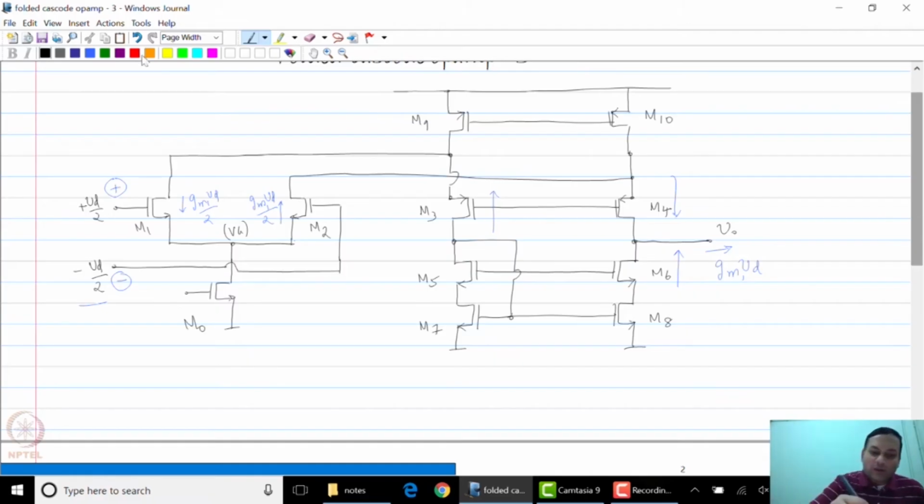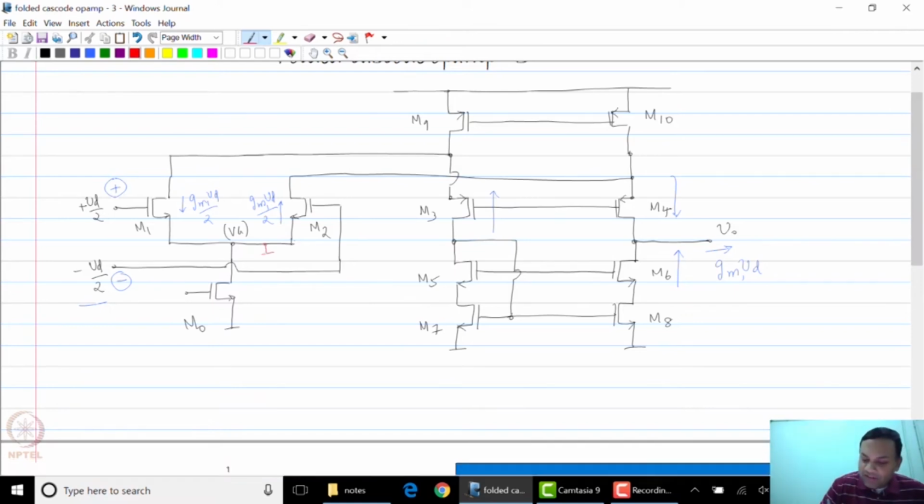So now let us assume, I'm going to show that in red, that there are capacitances at every node of the circuit. So you have capacitances from this node, and in fact every node of the circuit.